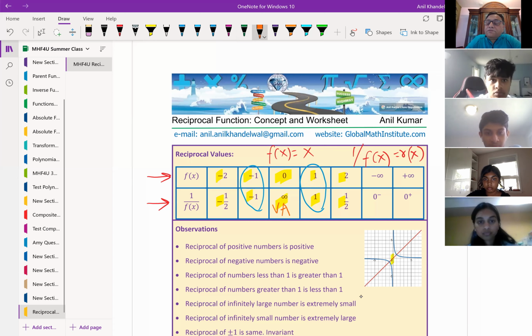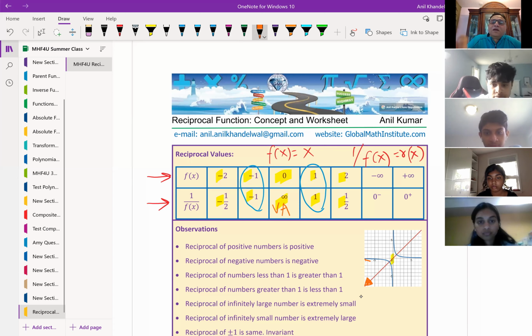Now, if the function is approaching negative infinity, as you can see here, what happens to the reciprocal function? It approaches 0, because if you divide by a very large number, you get a very small number. But if the very large number is negative, that 0 will be negative.